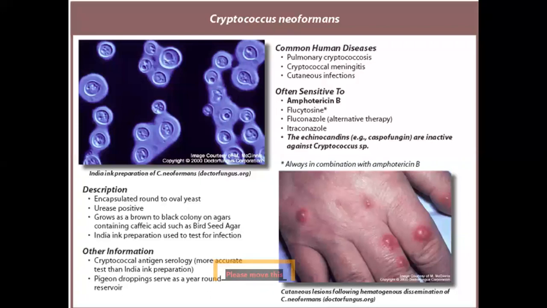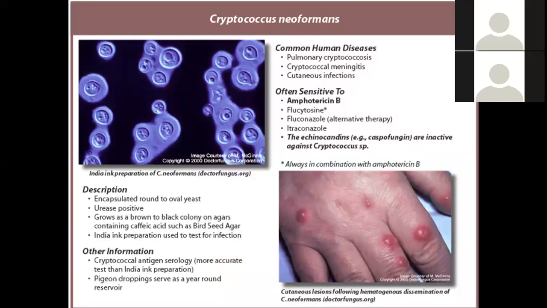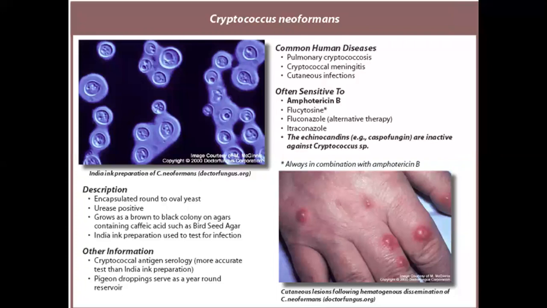cryptococcal meningitis. So, a fungal meningitis is caused by Cryptococcus neoformans. So if you get an MCQ or you are asked to name a fungus which can cause meningitis, that is Cryptococcus neoformans.